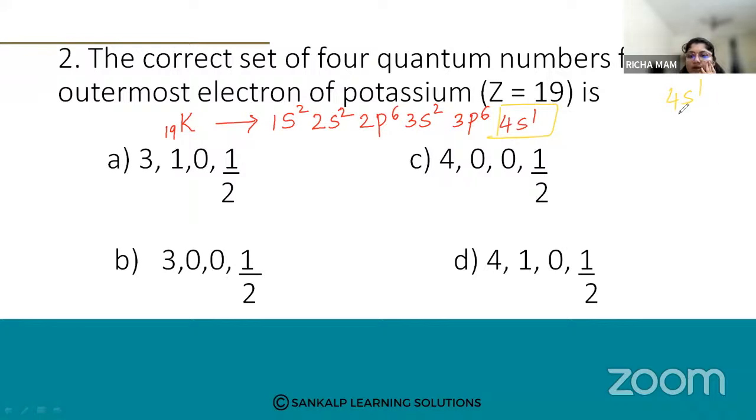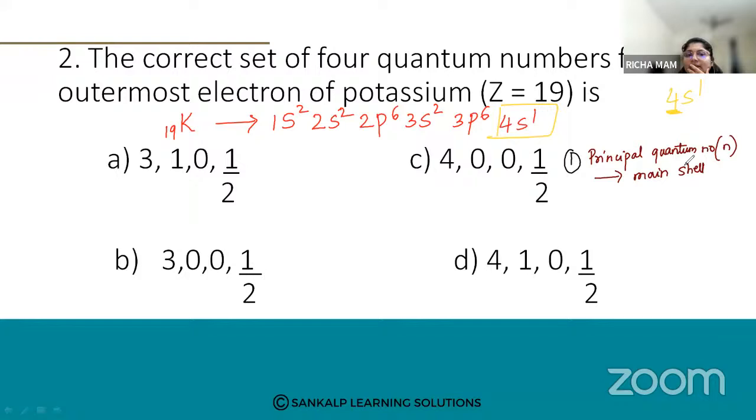Now, what does 4 represent? It represents the main shell. Which are the 4 quantum numbers? The first one is the principal quantum number, represented by n. It represents the main shell.